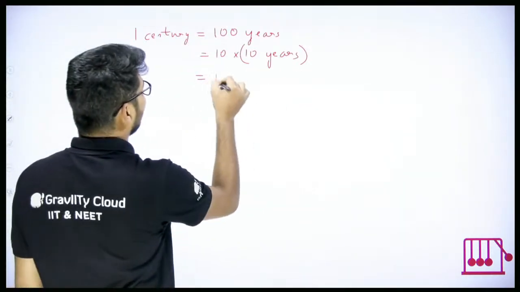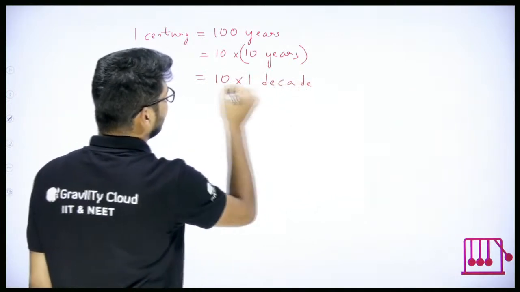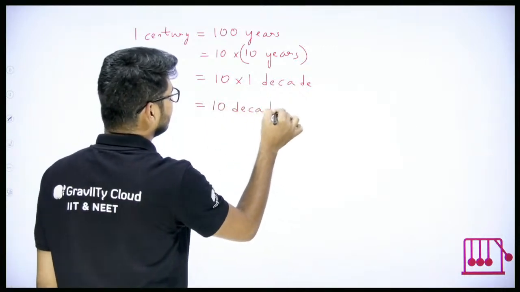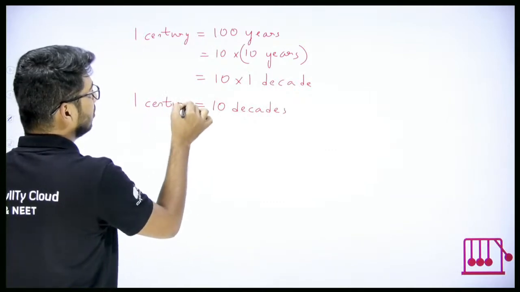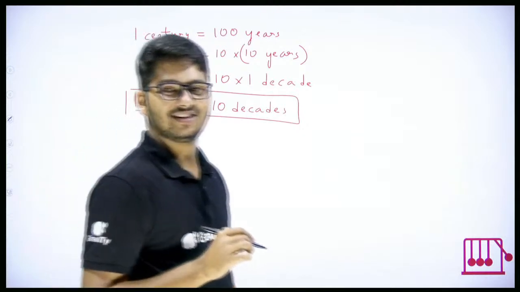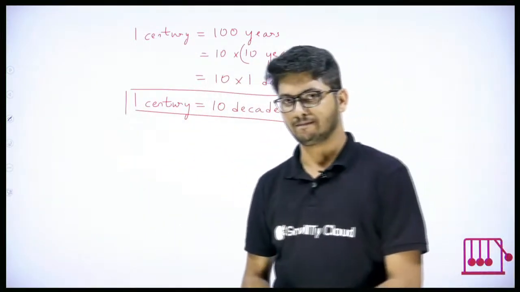So in place of 10 years, if I write 1 decade, then you have 10 into 1. So you can write decades. So 1 century is equal to 10 decades. Clear? Extra information which will help you.